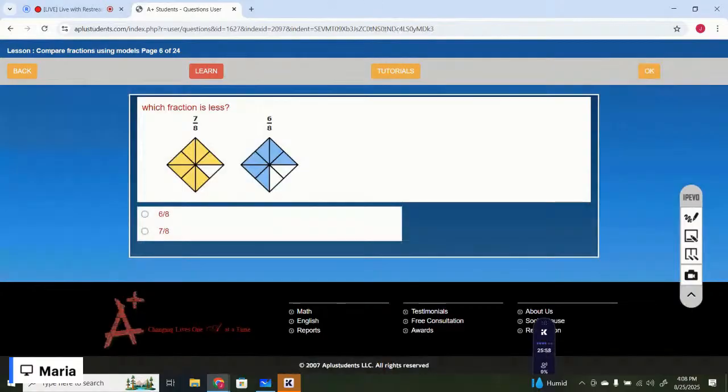Which fraction is less, 7 over 8 or 6 over 8? 6 by 8 is less than 7 over 8.